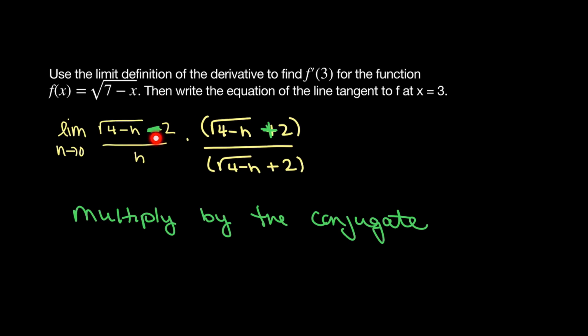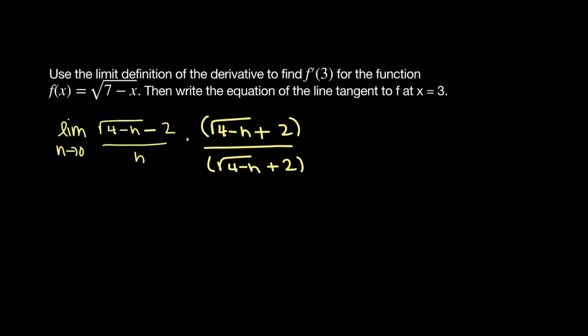I'm going to change that minus sign between the square root and the 2 to a plus sign, and that is called my conjugate. So we're going to multiply by square root of 4 minus h plus 2. And we have to do that to the top and the bottom so that we're, in a sense, multiplying by 1 and not actually changing the value of this expression.